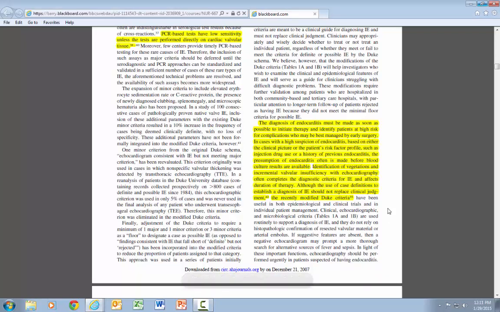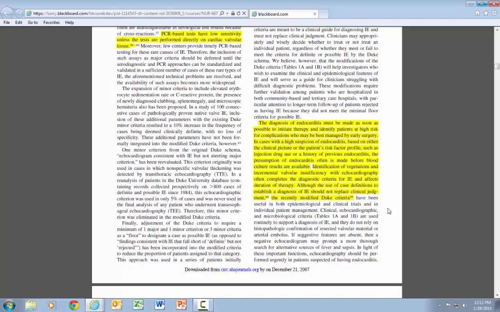But don't forget that Duke's criteria is very highly specific. So this clinical diagnosis has to be in the conditions when you have a very, very high risk. So never start treatment just because you have low suspicion of endocarditis.